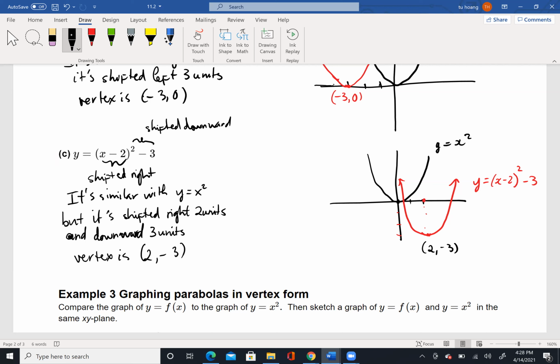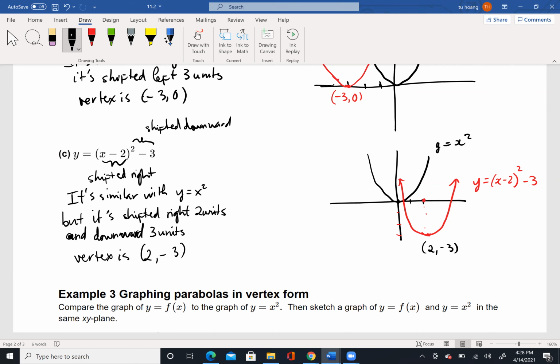Anyway, if you use the t tables, you can grab it easily, right? You can still grab it easily.